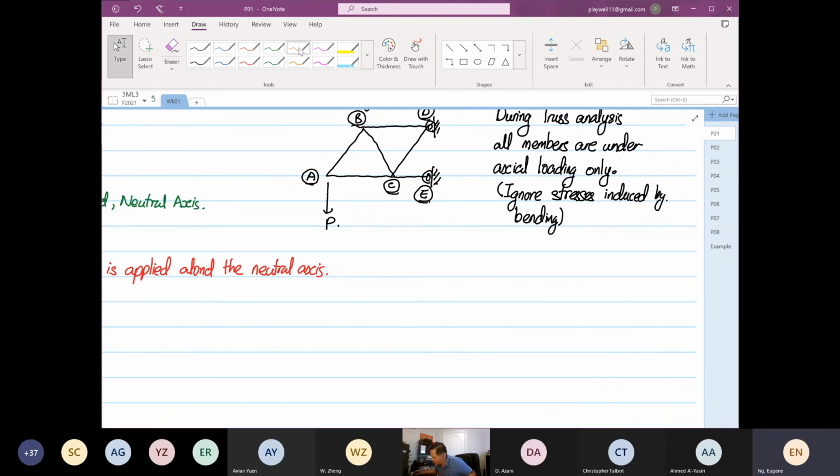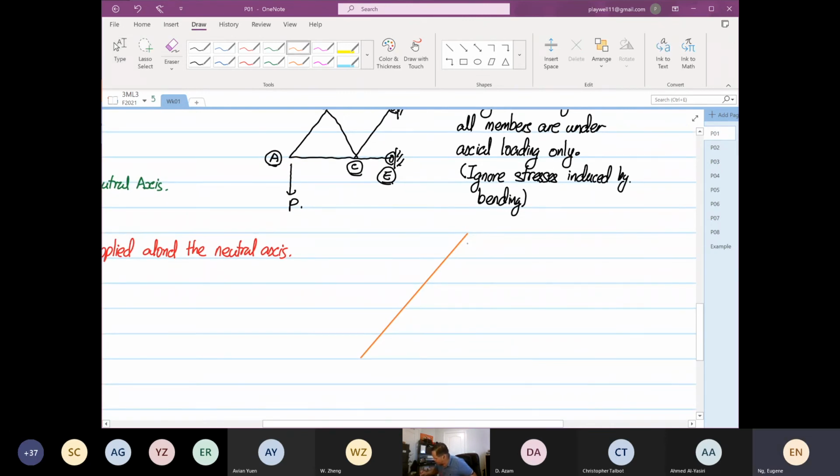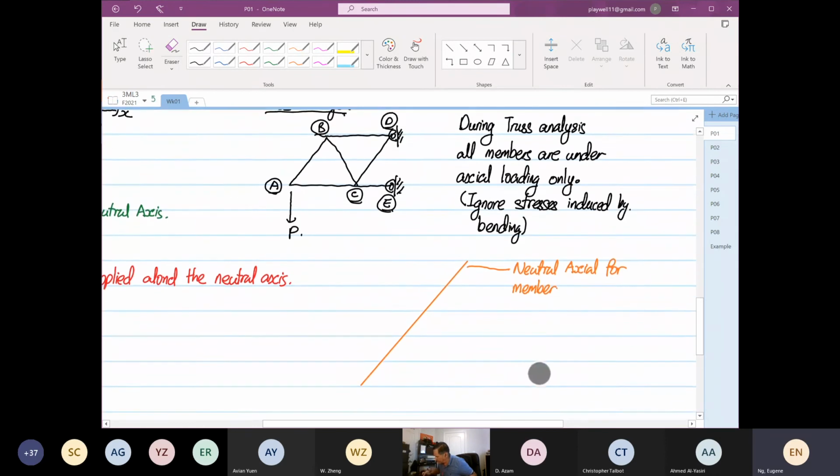So I'm going to sketch a line. This line represents the neutral axis of member AB in orange. Okay, so I'm going to blow it up. Okay, so this is the neutral axis for member AB, right?